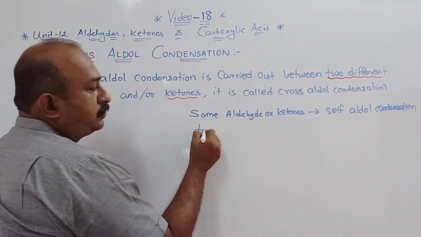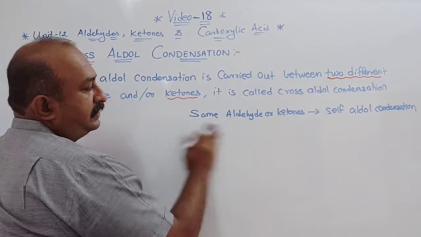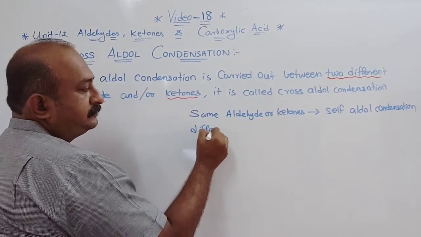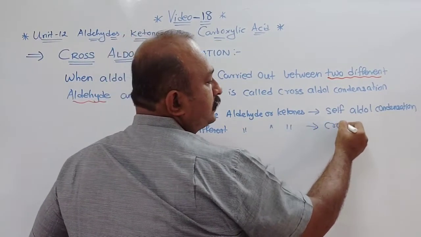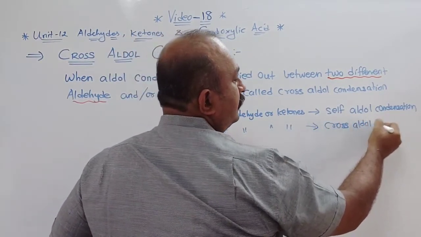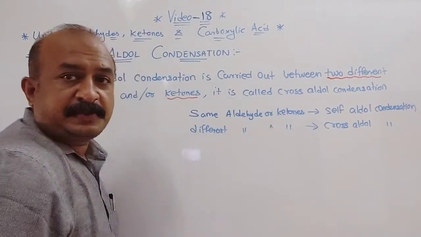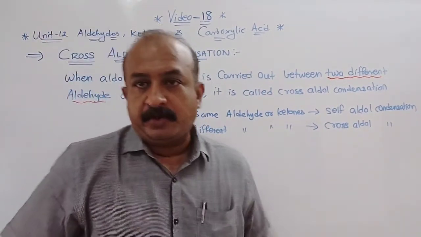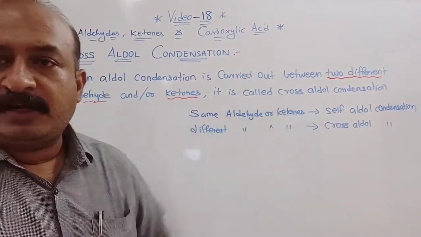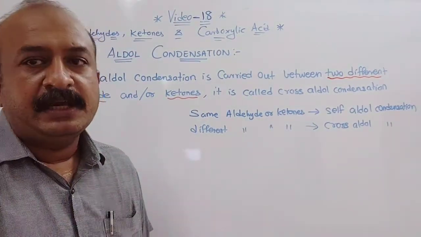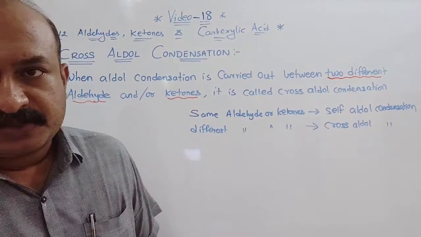And if two different aldehydes or ketones are used, then it is called cross-aldol condensation. Understood this part? This is a very important part to remember. If we use the same aldehyde or ketone, we call it self-aldol condensation, and if different, it is called cross-aldol condensation.